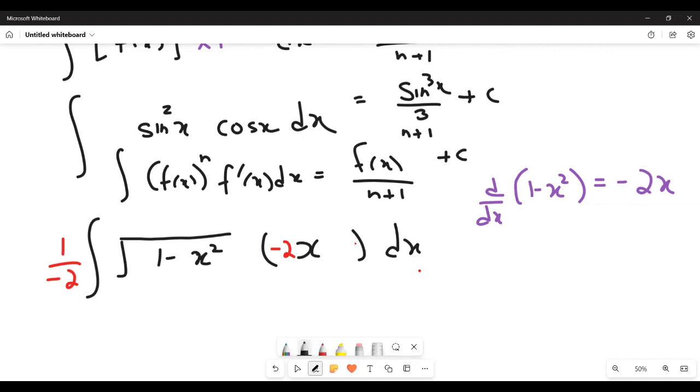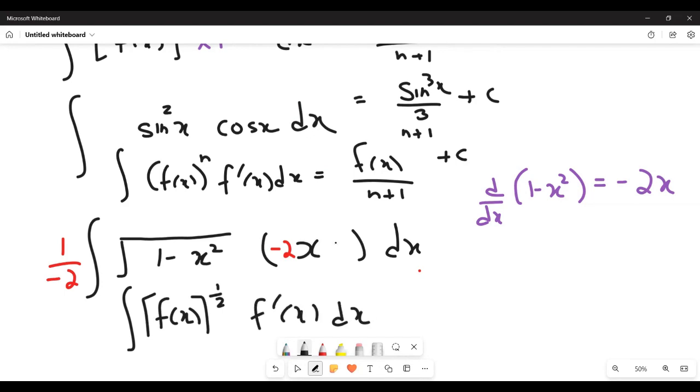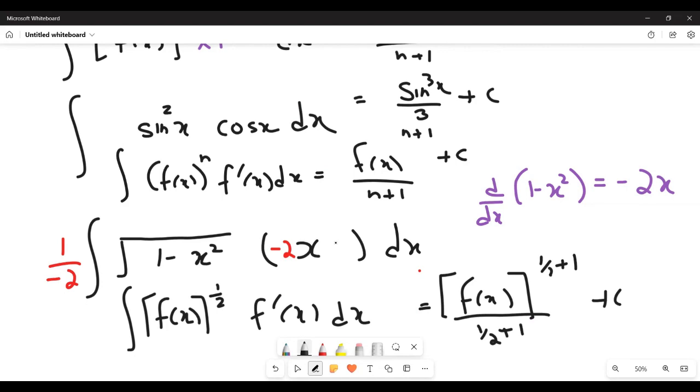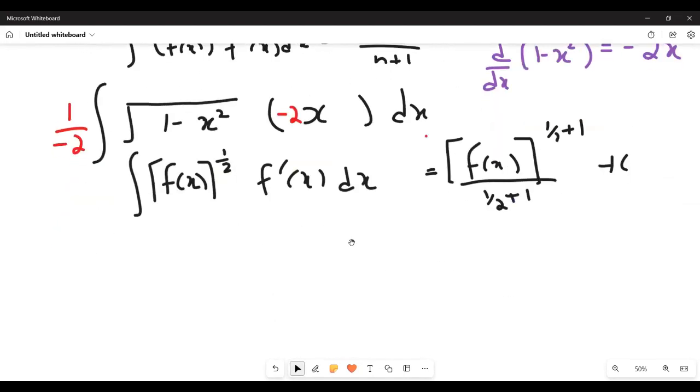So now we have a function f(x) with power half, and with that we also have its derivative dx. And then the result is f(x) power n plus 1, so half plus 1 upon half plus 1, plus c. There's also a minus half outside.